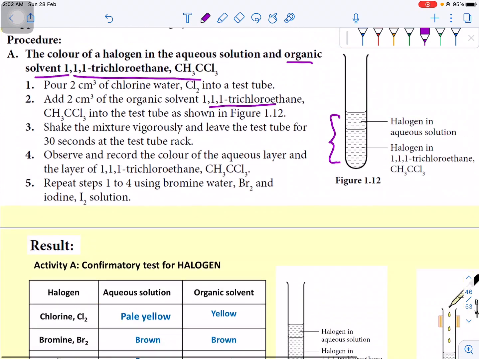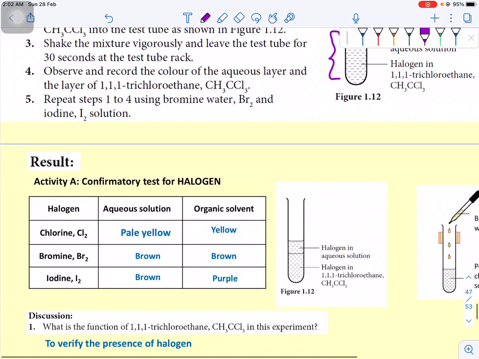So for this, we need to memorize this table. We have to memorize this, meaning that if we have chlorine in aqueous solution, the colour is supposed to be yellow. So aqueous is the upper layer, and for the bottom layer, chlorine in 1,1,1-trichloroethane is also yellow.